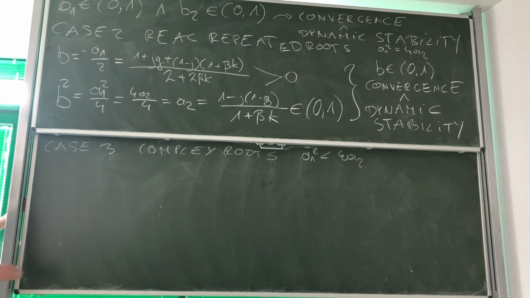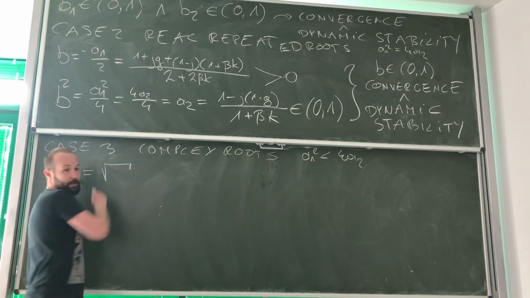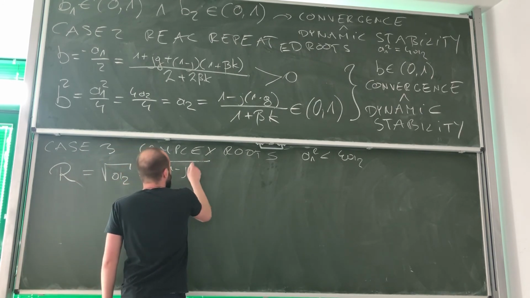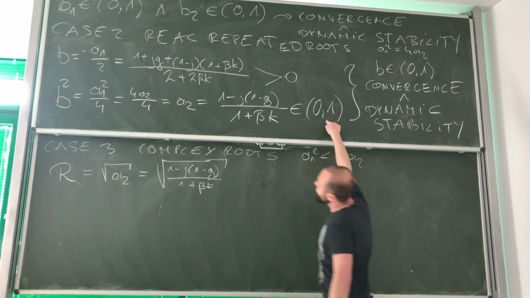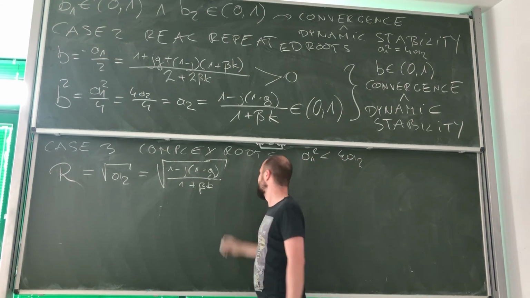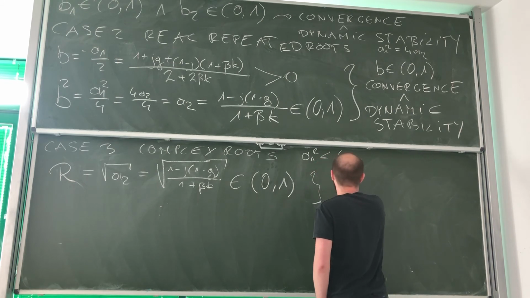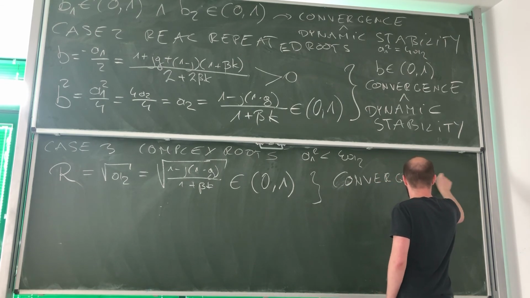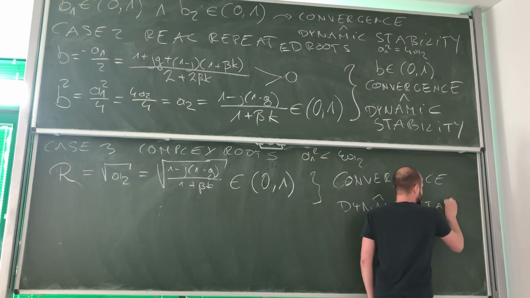Because I hope you remember that convergence under complex roots depends solely on the value of R. R is equal to square root of A2, which is square root of 1 minus J, 1 minus G, over 1 plus beta K. And look, if this is between 0 and 1, the square root of it necessarily needs to be between 0 and 1, which means that again we have convergence and dynamic stability.